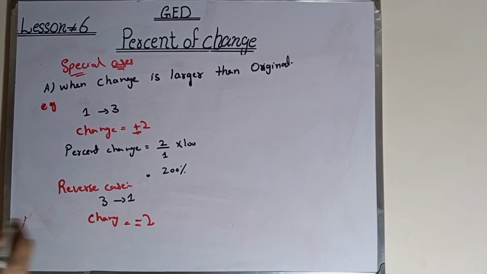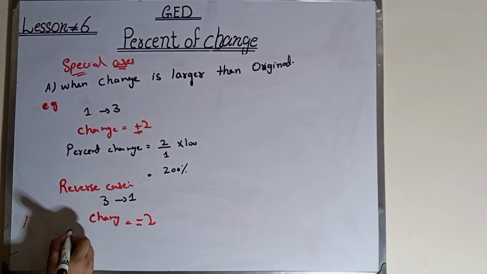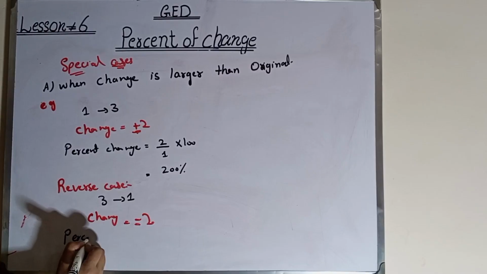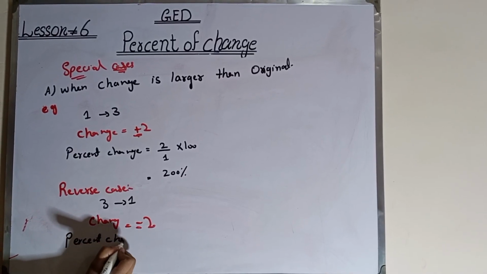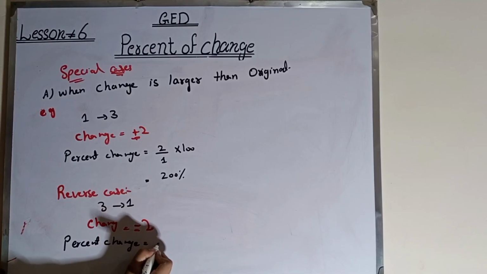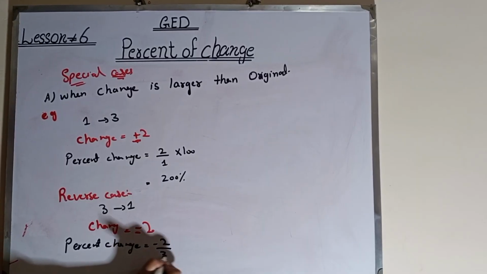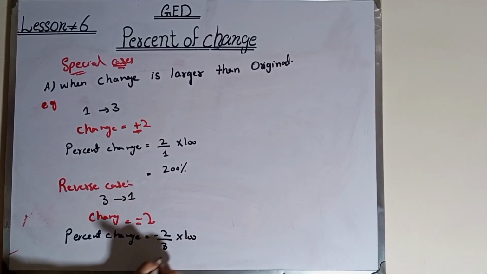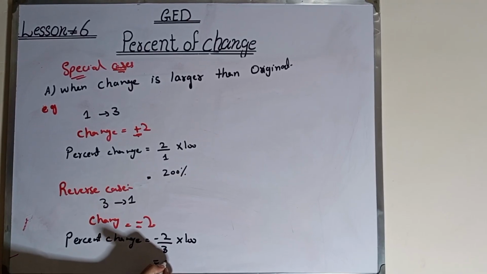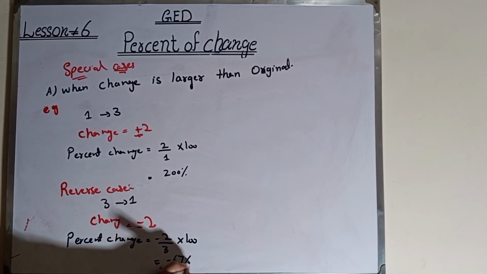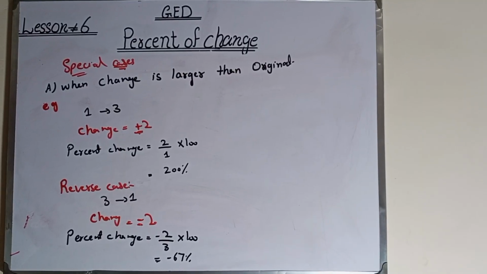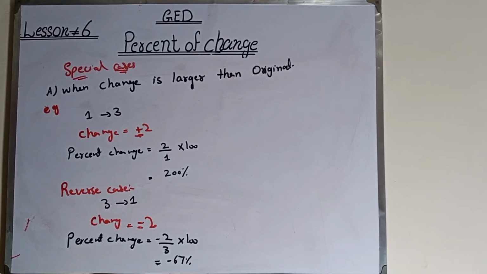So our percent change will be negative 2 divided by 3 multiplied by 100, which is minus 67%. It means percent change is a 67% decrease.